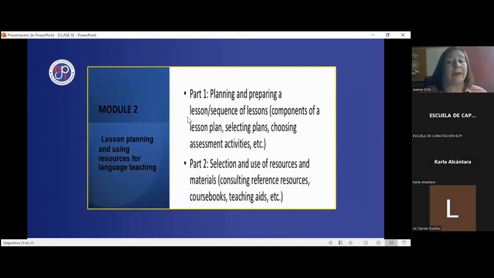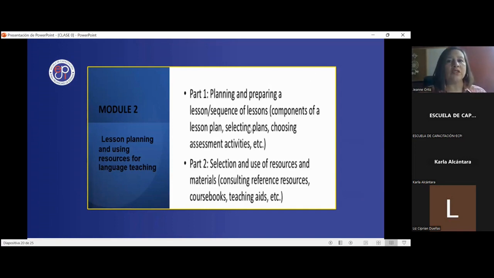In Module 2, lesson planning and using resources of language teaching. Here we have 2 parts. Planning and preparing lessons according to international standards, not according to Minedu maybe, but there are international standards that we need to manage. Whenever we travel to another country, we know how they work and how they focus, for example, the presentation, the practice, and the production.